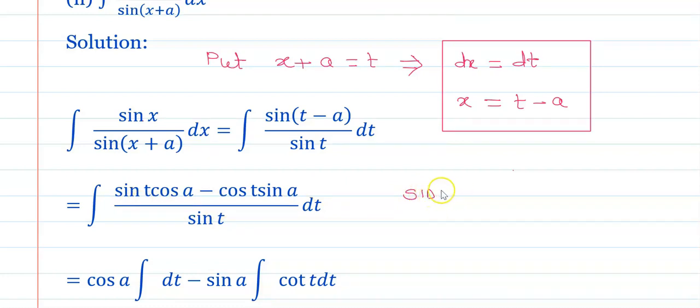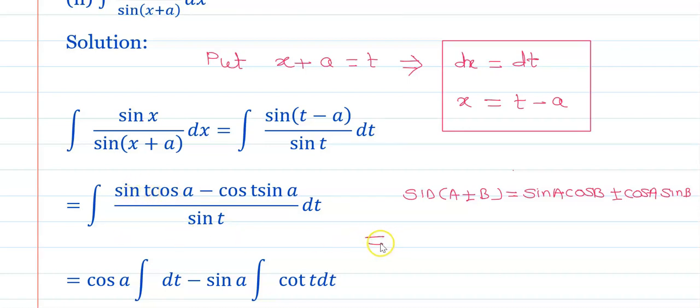Sin of a plus or minus b is equal to sin a cos b plus or minus cos a sin b. Okay. Now expand this. Sin t cos a minus cos t sin a. Next, split up this. If we split up this, means what? Sin t into cos a upon sin t will get cancelled.